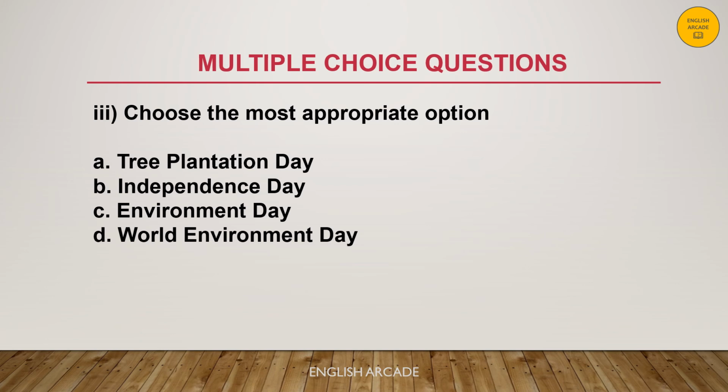So if you recall the question, you will find the answer. It's a simple answer, clearly stated in the question. The answer is D, World Environment Day. So tree plantation drive is being organized on the occasion of World Environment Day. Thus D, World Environment Day, is the answer.